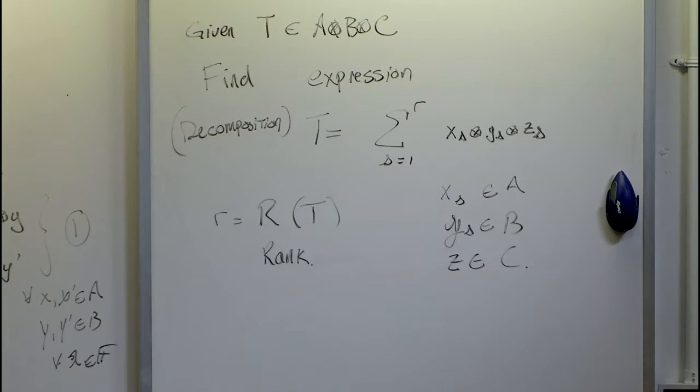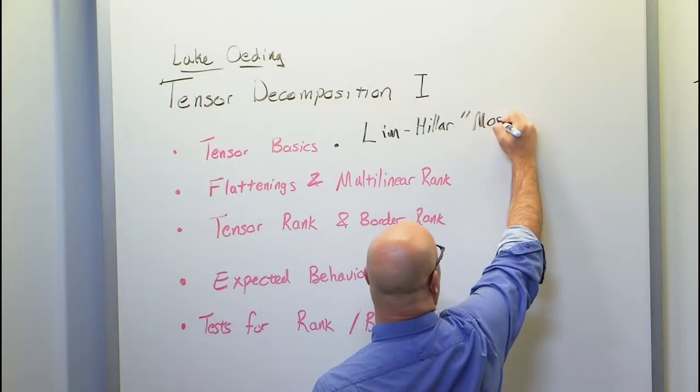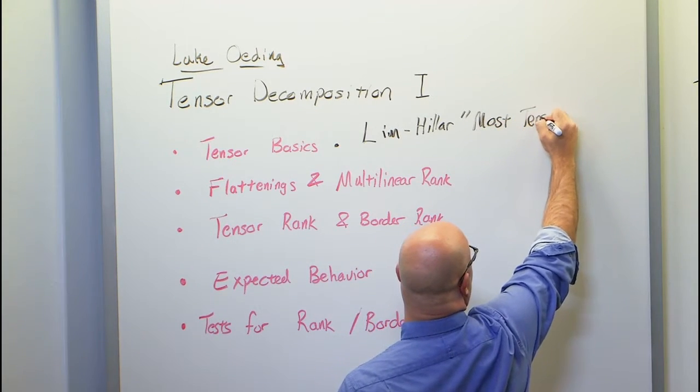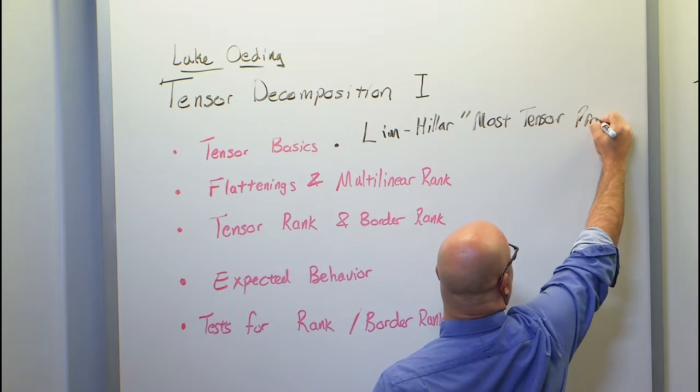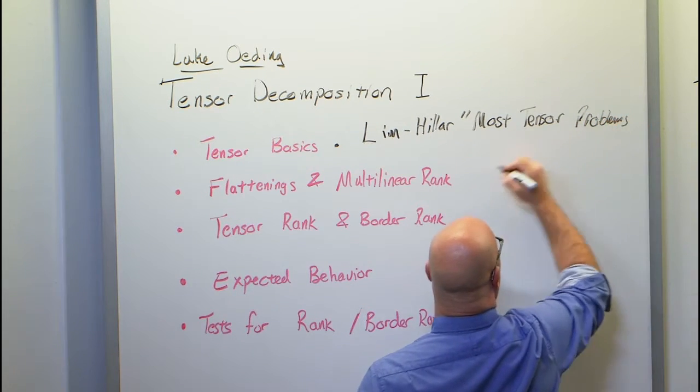So we covered tensor basics. Maybe you think this problem is easy, so I recommend looking at a paper of Lim and Hillar. The title is really easy to cite. It's called Most Tensor Problems Are NP-hard.